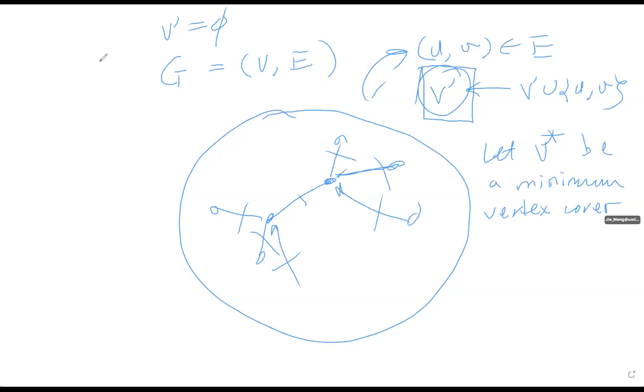This means that every edge has an end node that's in V star. Now what we want to know is the relation between the size of V star and the size of V prime. V prime is what I constructed, and V star I don't know, but I know what it means: it is the minimum vertex cover.